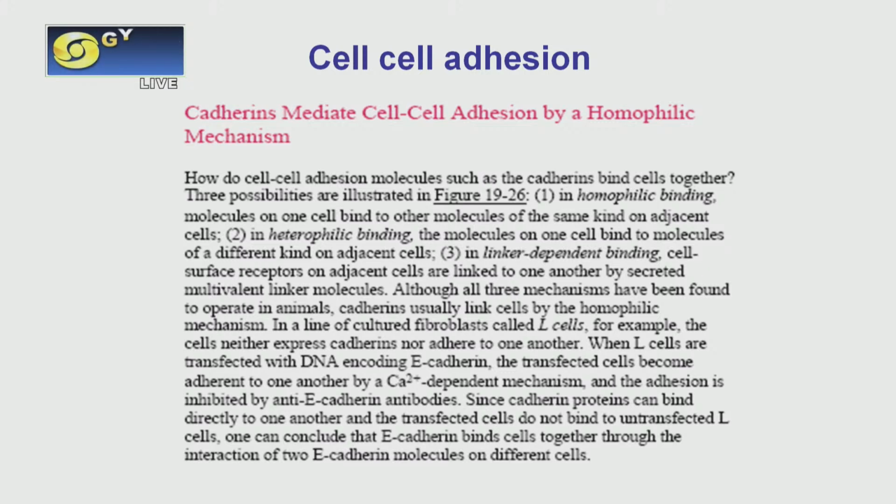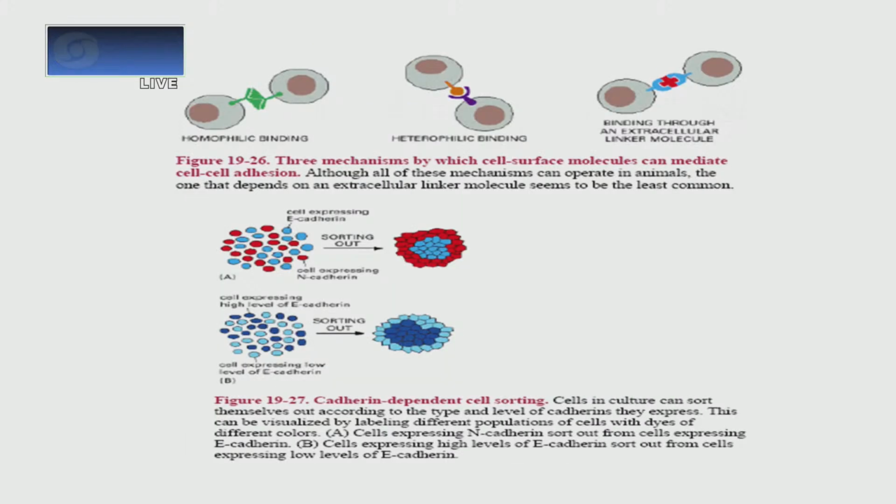In heterophilic binding, the molecules on one cell bind to molecules of a different kind on adjacent cells. And in linker-dependent binding, cell surface receptors on adjacent cells are linked to one another by secreted multivalent linker molecules. If we represent these three mechanisms diagrammatically, it will look like this: homophilic binding, heterophilic binding, and binding through a linker molecule.